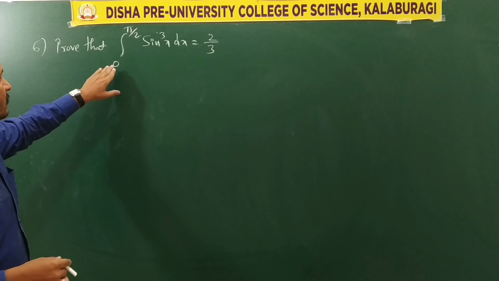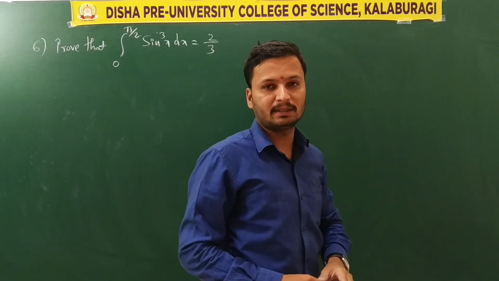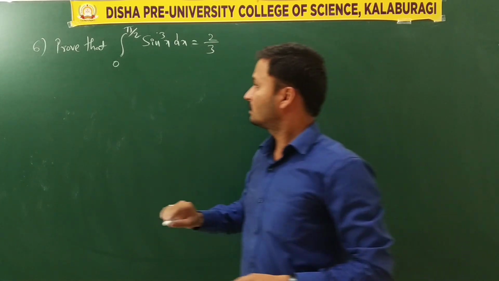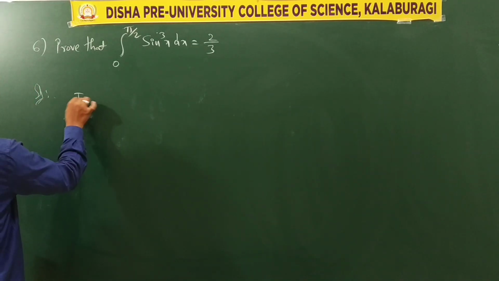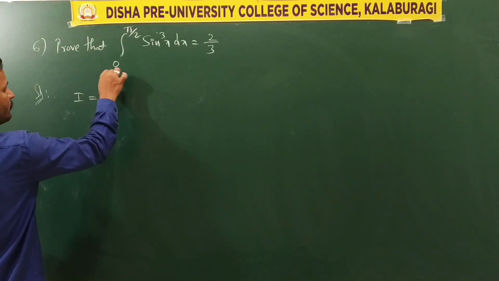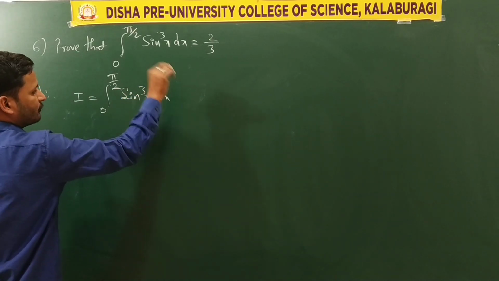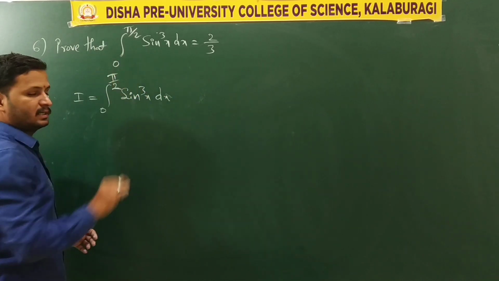Prove that the integration from 0 to pi by 2 of sin cube x dx is equal to 2 divided by 3. Okay, yes. So solution: let I be the integral from 0 to pi by 2 of sin cube x dx.